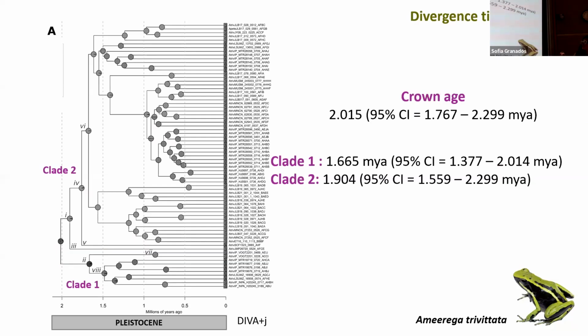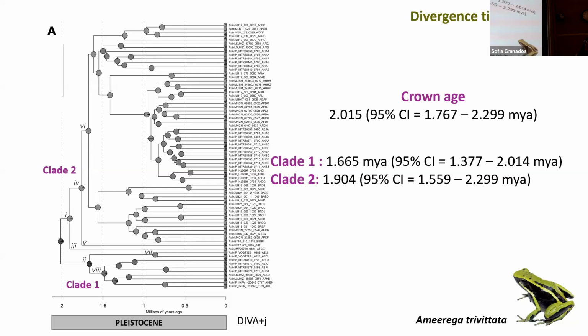The crown age of this species, meaning when the sampled populations started diverging, was estimated to be 2 million years ago. Then from there was a split into two different clades. Clade number 1 right here started diverging 1.6 million years ago, and the other clade did it a little bit earlier, 1.9 million years ago.